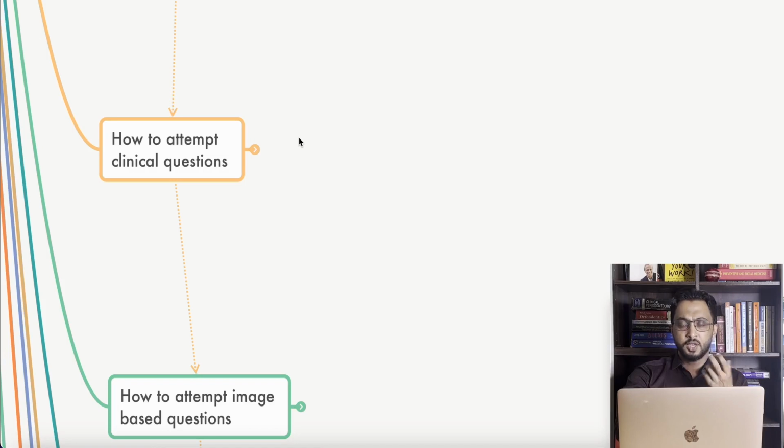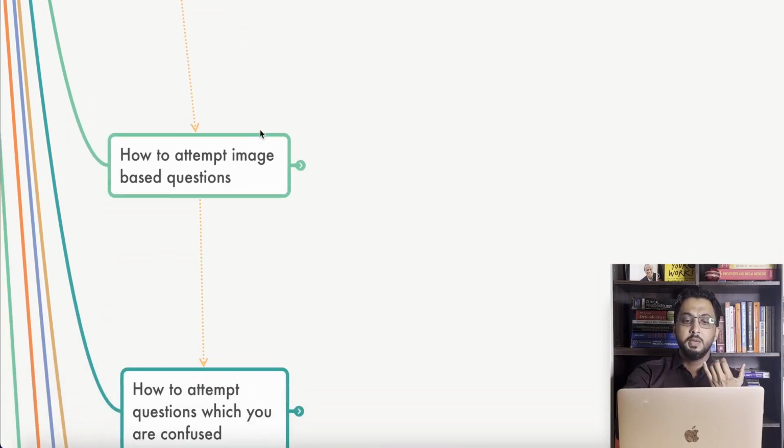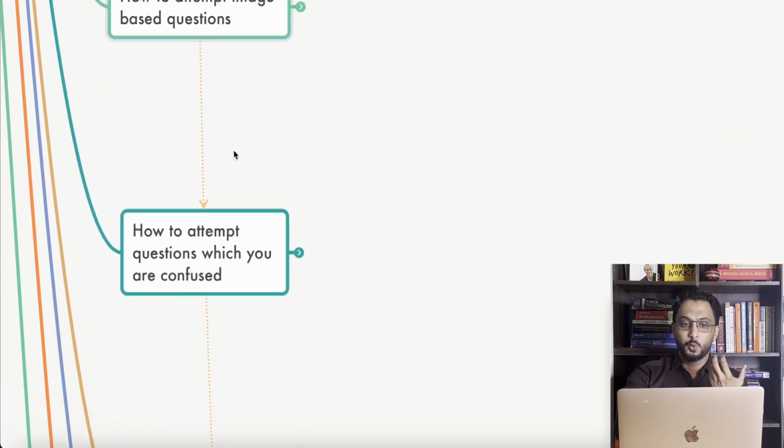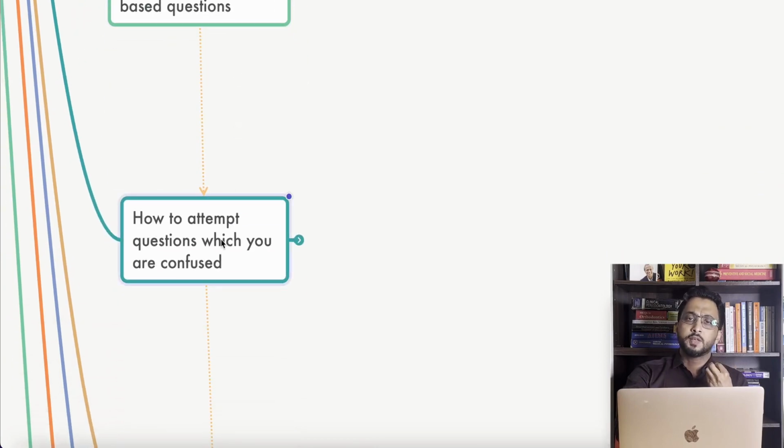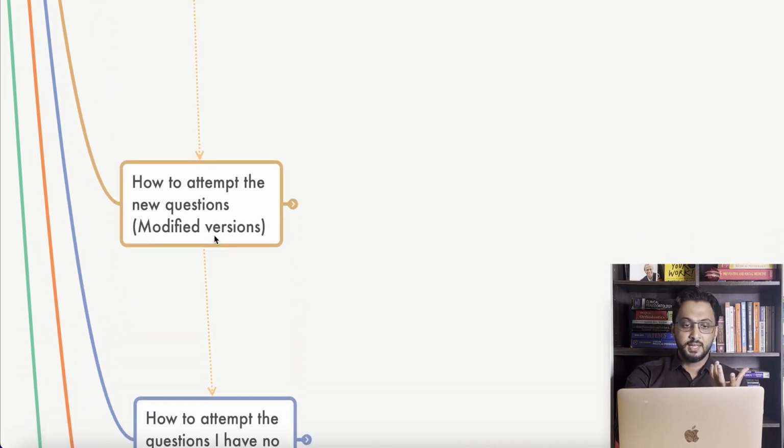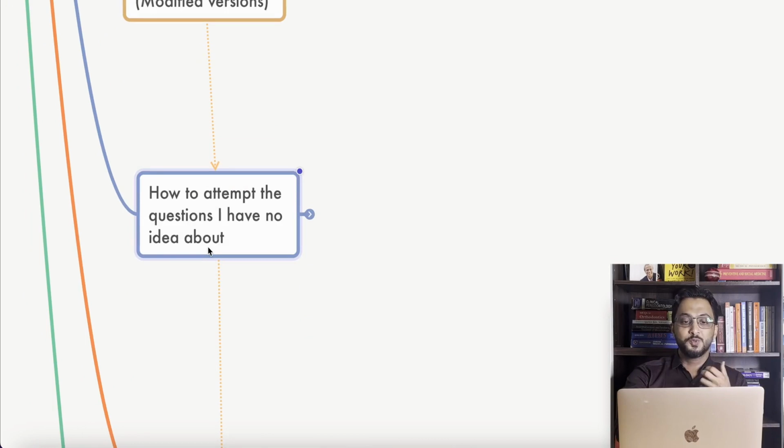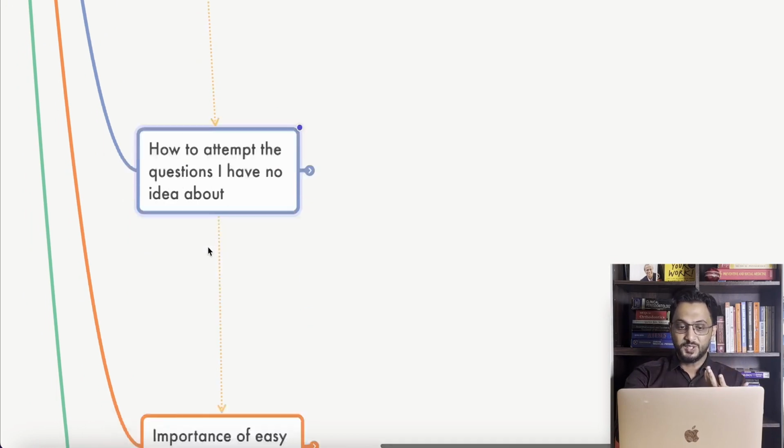Many students feel memory-based questions are very easy, but clinical questions and image-based questions, how to attempt them? How to attempt the questions you are confused about, how to arrive at an answer. Then I'll go into how to attempt new questions, that is modified versions of the repeats, and how to attempt new questions which you have no idea what to do with.